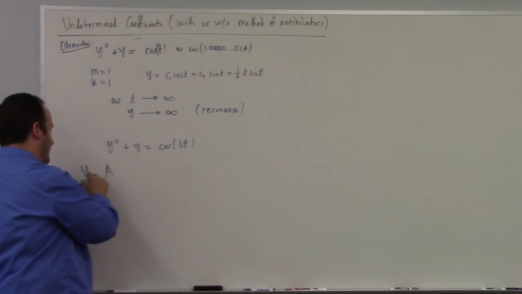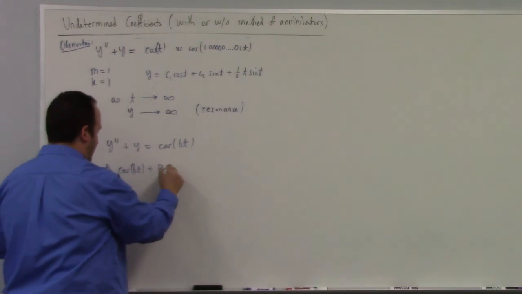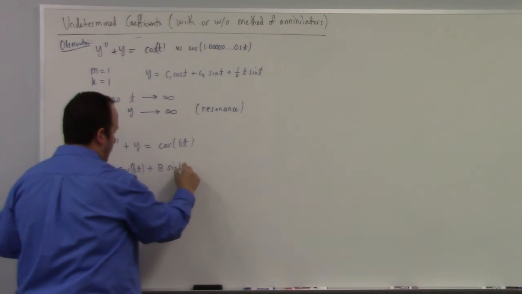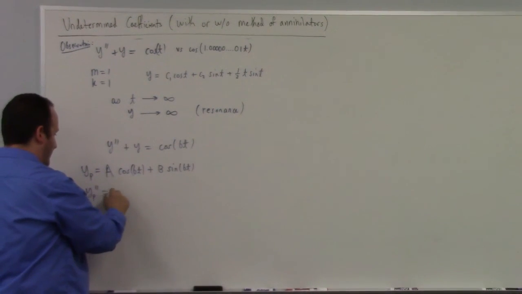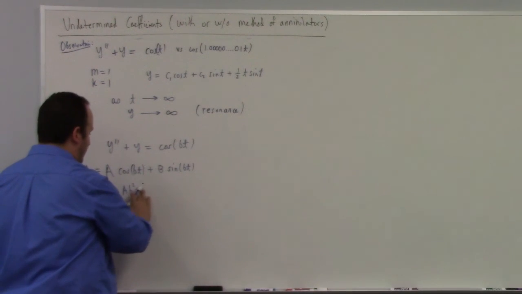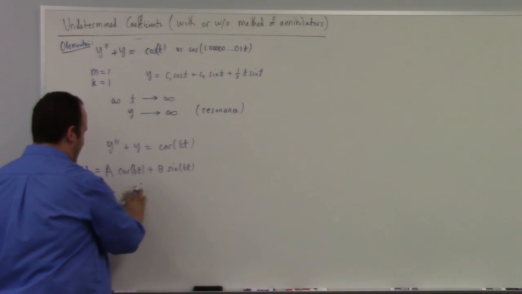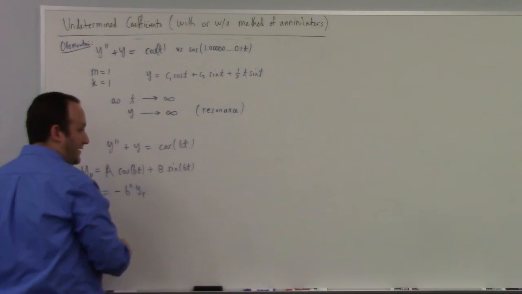We'd say yp is A cosine bt plus big B sine bt. Differentiate that thing two times. Getting to the point, this gives you minus b squared yp, right?